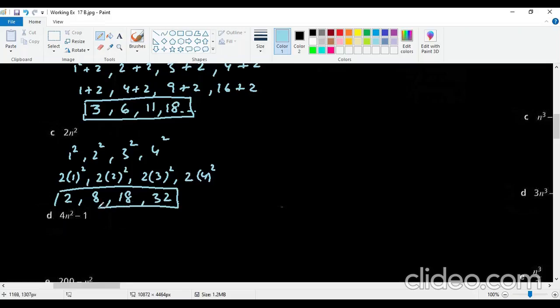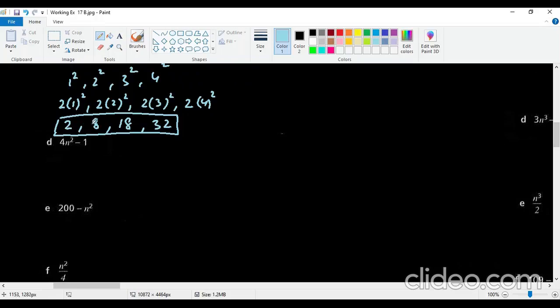Now when it comes to D, it is saying 4 times n square minus 1, 4 times 2 square minus 1, 4 times 3 square minus 1, and 4 times 4 square minus 1.